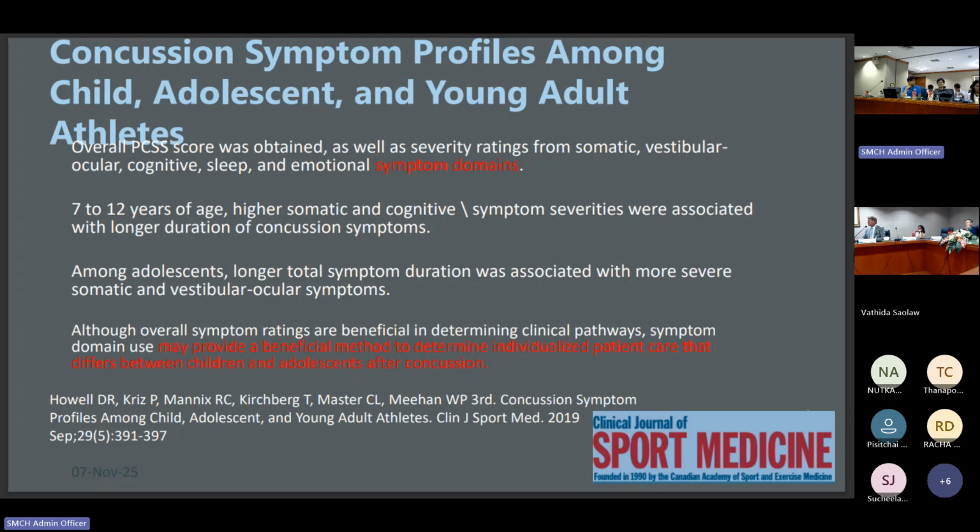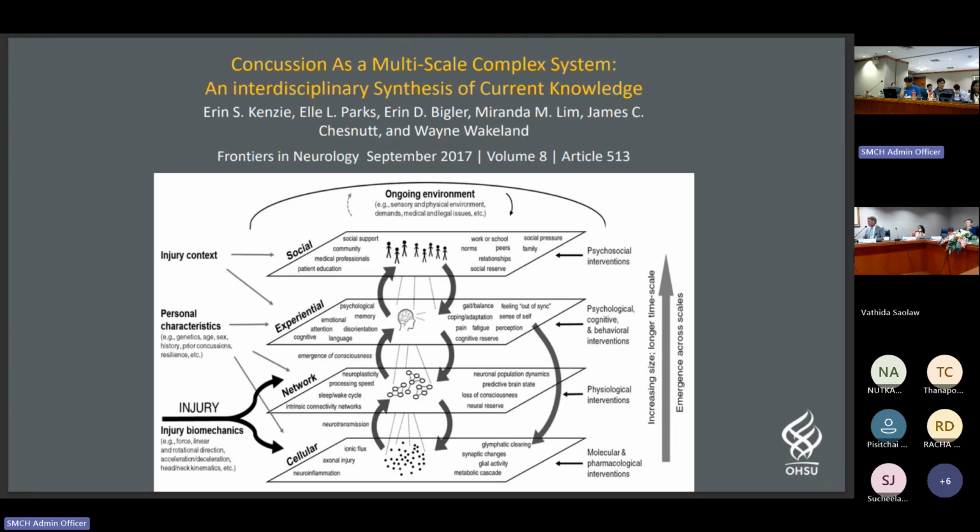They said that in the 7 to 12-year-old group, there are higher somatic and cognitive symptoms, and those were associated with longer duration of concussion symptoms. In the older group, there were more severe somatic and vestibular ocular symptoms, which were also associated with longer symptoms, as well as, as you'll see, some problems with mood and anxiety. But they also suggested that these subtypes could be used to help focus the assessment and plan.